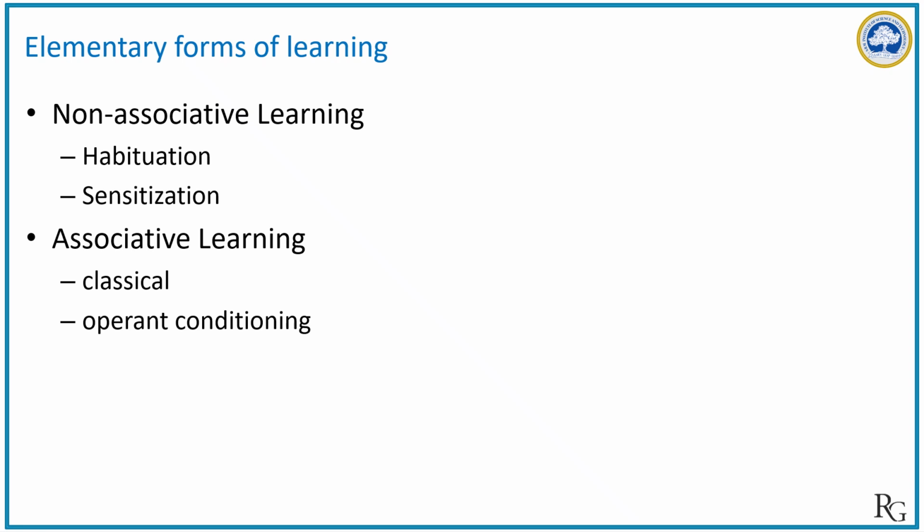The second type of associative learning is operant conditioning, which was introduced by the scientist B.F. Skinner. Here, the behavior of rats was observed.